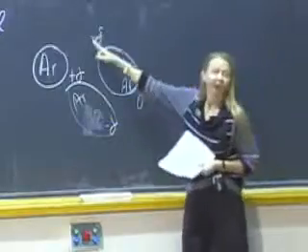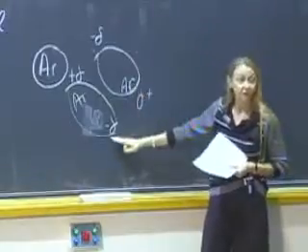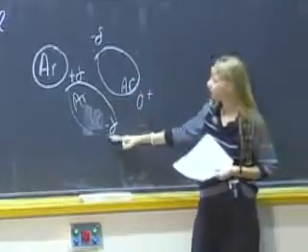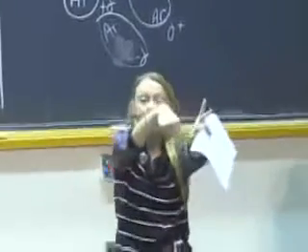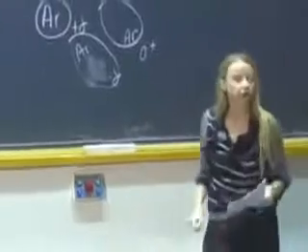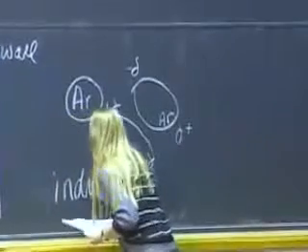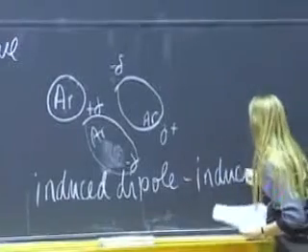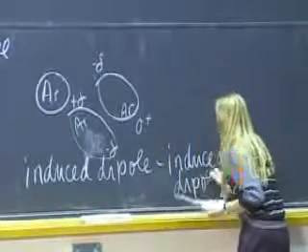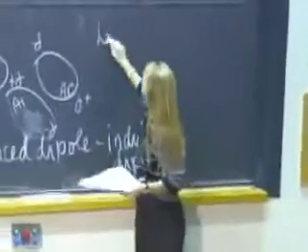And so we've got an instantaneous dipole, which has induced a dipole, an instantaneous dipole, in a neighboring argon atom. And now we've got these two dipoles together, and they are oriented in opposite directions, and that's an attractive interaction. The net result is an attraction. And of course, we call that an induced dipole interaction. We also call that sometimes the London dispersion force.